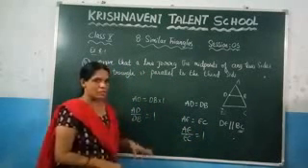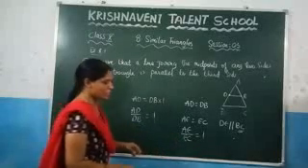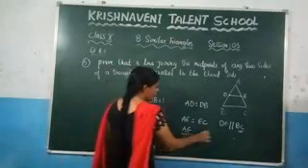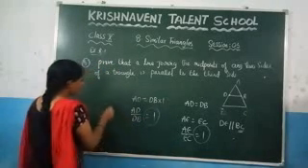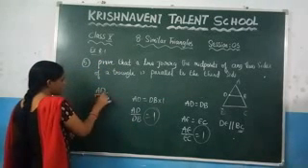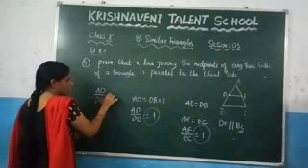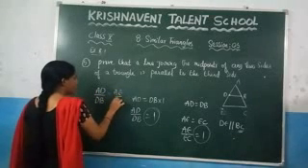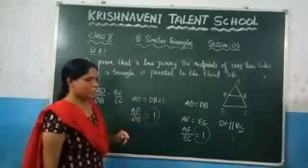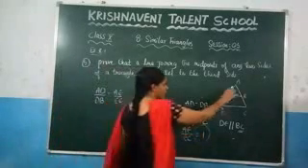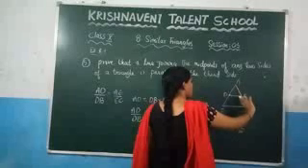Here you can observe that if you compare these two equations, the RHS parts are equal. So you can equate the LHS part. After equating the LHS part, you will get AD by DB is equal to AE by EC. So in the triangle ABC, we got AD by DB is equal to AE by EC.